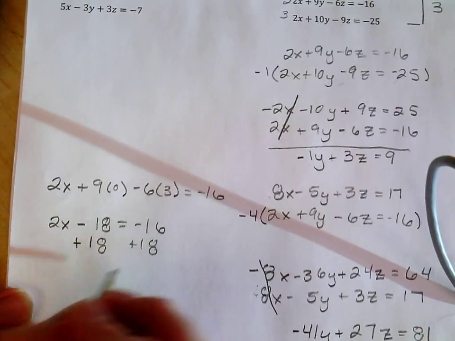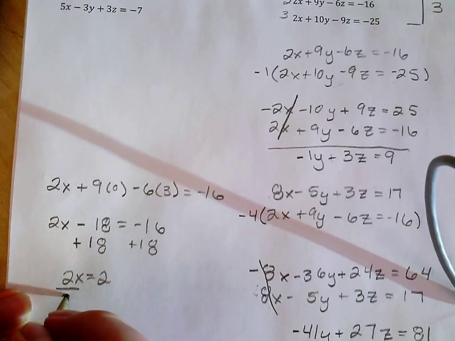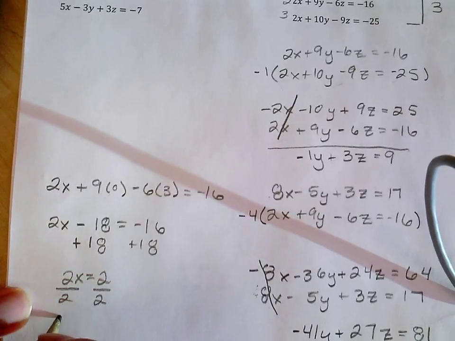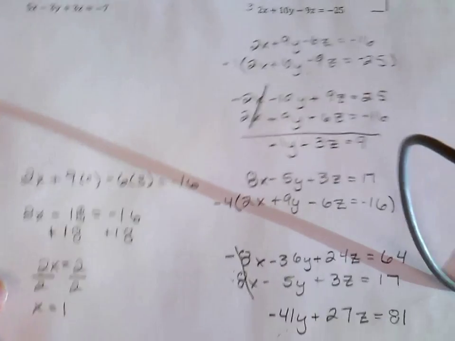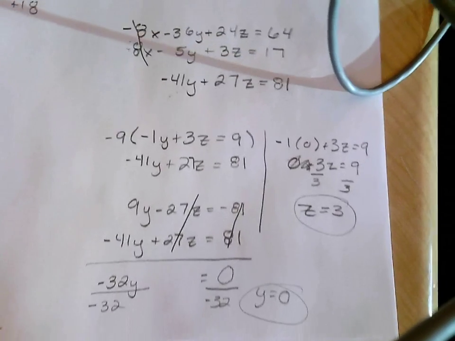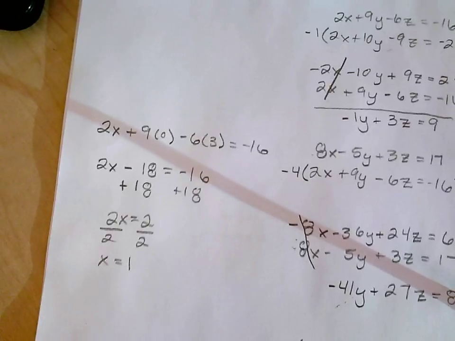Add 18 to both sides. 2x equals 2. Divide by 2. So now I have x equals 1. I have y equals 0, and I have z equals 3. That is it. That is the process to get that.